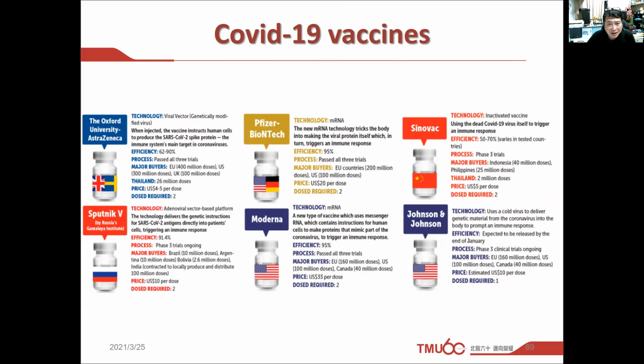Most of them are made from messenger RNA, some from the virus protein directly, and their price is probably around $5 to $20 per dose, depending on what kind of drug and what company you use. However, Johnson has been suggested as the best one because only one dose is good enough for giving the immunity.